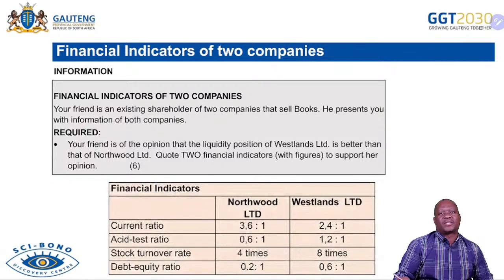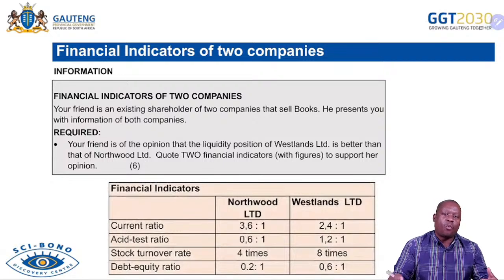Let's just look into something here. The relationship between current assets and acid test ratio. What separates the 2? Inventories.